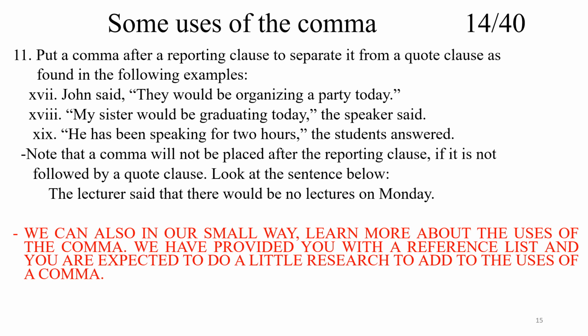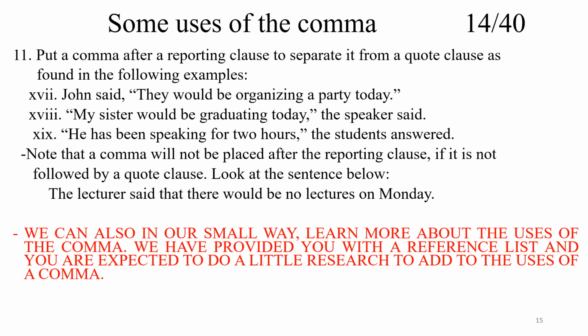Look at John said. This one, it means that the writer has in mind quoting some exact words of a speaker. And for that matter, before you quote the exact words of a speaker, you begin with what we call a reporting clause, like John said, he exclaimed, they noted, they remarked, they retorted.